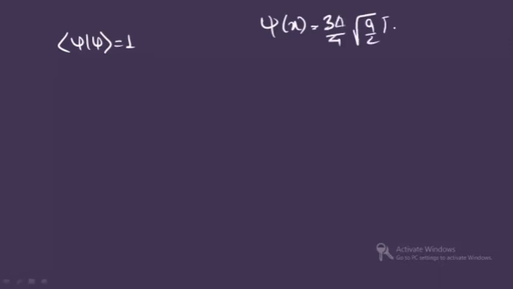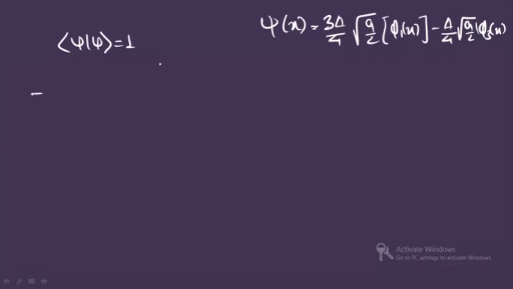Now when you write the normalization condition, that is the integral of psi star psi equals 1, we do this using the psi that we have calculated. That was 3a by 4 root over a by 2 phi 1 of x, minus a by 4 root over a by 2 phi 3 of x.